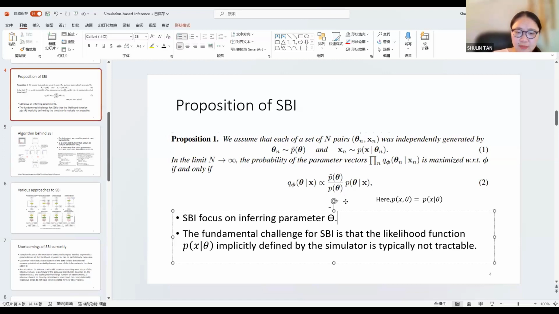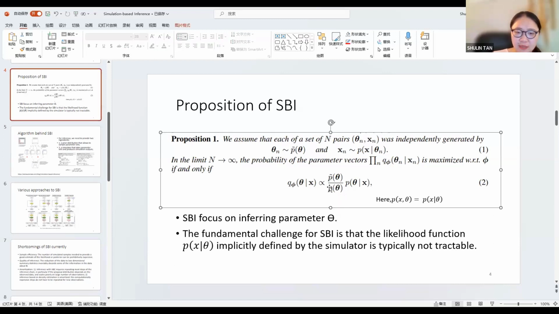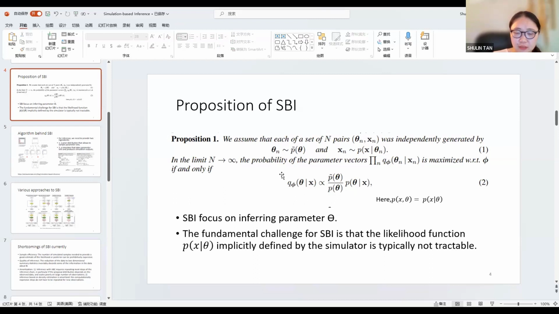But the case is that if P of theta, so if our prior is not accurate enough, there's going to be a big deviation.